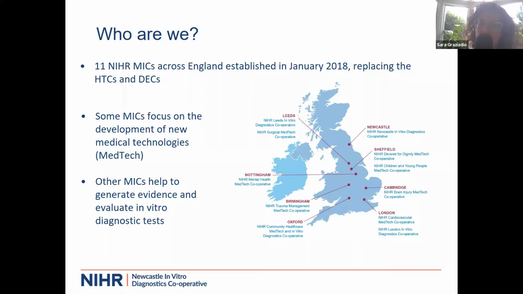So we've got slightly different aims, but we try to work collaboratively, especially with the other DECs. For example, at the moment for COVID research, we are about to launch an initiative that sees the DECs together to help the government to do robust evaluation of new diagnostic tests.